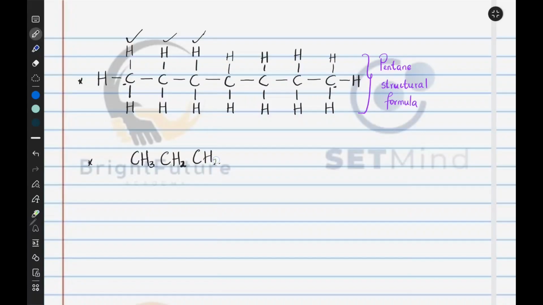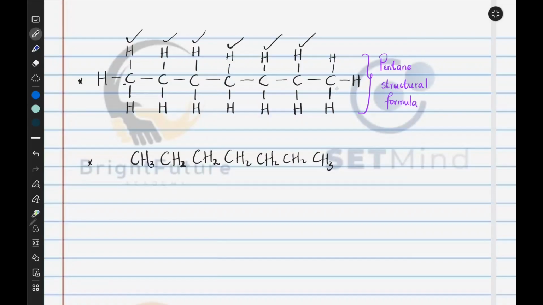The fourth one also has 2 hydrogen atoms. The fifth one also has 2, CH2. The sixth also has 2, CH2. The seventh has 3. So the first and last carbon atoms have 3 hydrogen atoms covalently bonded to them.